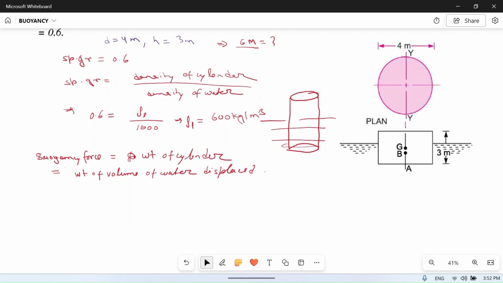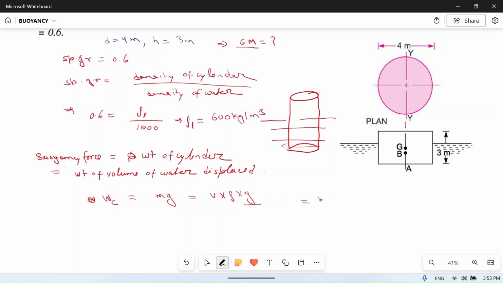So what is the weight of cylinder? Suppose it is WC, weight of cylinder. W is equal to mass into acceleration due to gravity. Mass is equal to volume into density, into g. What is the volume of cylinder?